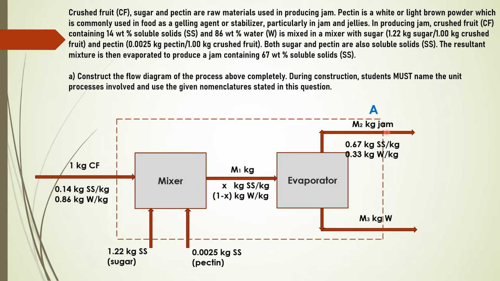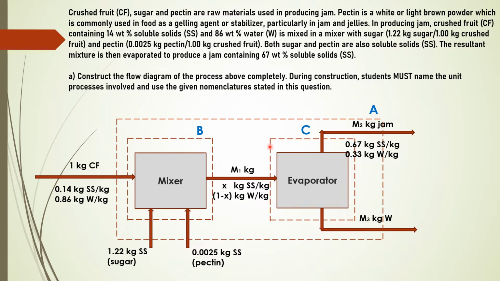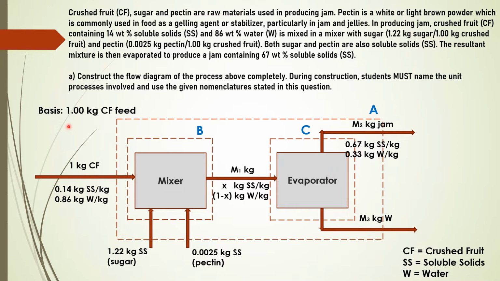The first boundary we can calculate is the overall boundary. Boundary B is the boundary along the mixer, and boundary C is the boundary along the evaporator. The basis is 1 kg of crushed fruit feed, and the legend is as stated, where CF equals crushed fruit, SS equals soluble solids, and W equals water.